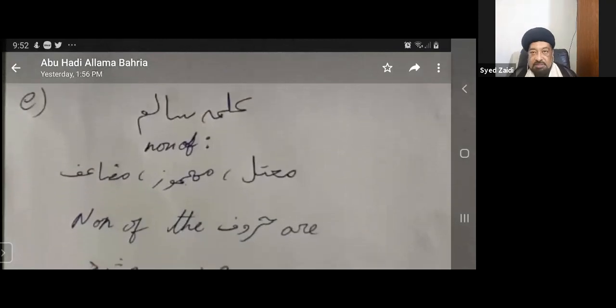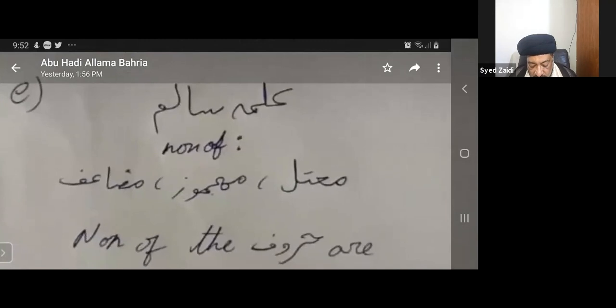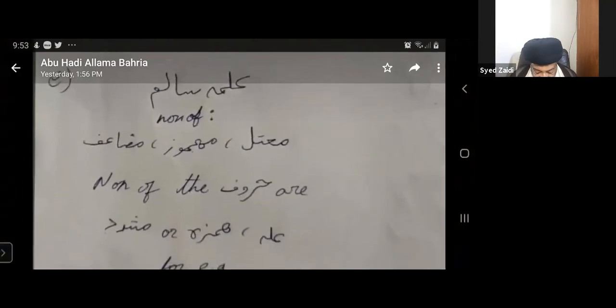Now, if we move on to point number E, kalama salim that we had discussed before. If in a word you find that the word is not mu'tal, not mahmuz, and not muza'af, which means that none of the letters are alif, waw, and ya, none of the letters are hamza, and none of the two same kind are huruf asli, that word is called kalama salim.